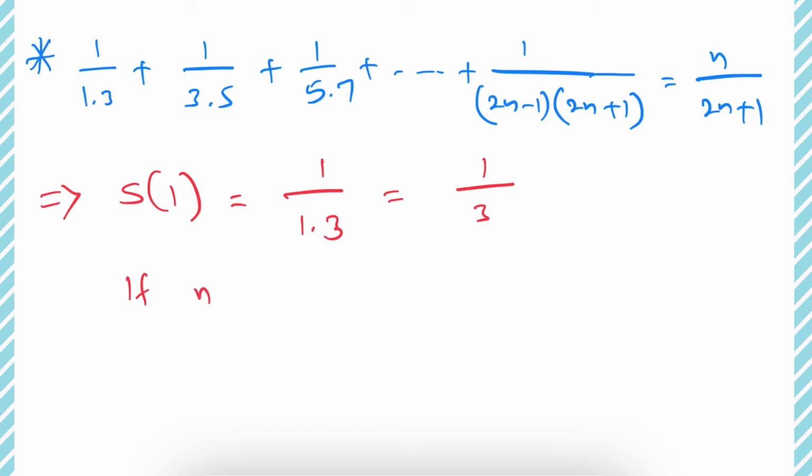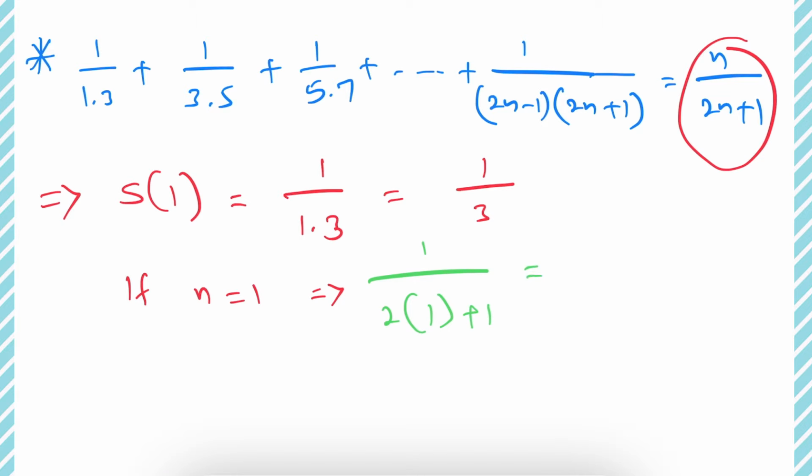If n equals 1, we have the formula n divided by 2n plus 1. So substituting 1 in the place of n, 1 divided by 2 into 1 plus 1, that is nothing but 1 divided by 3.